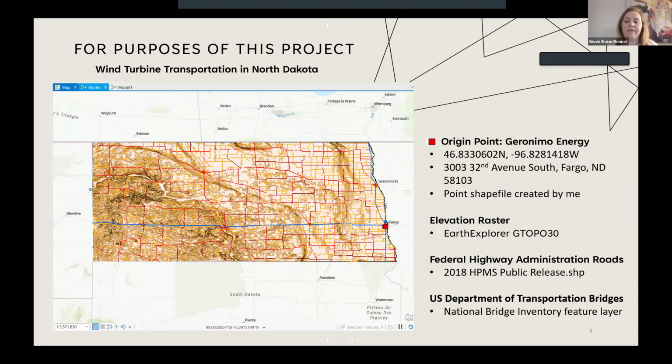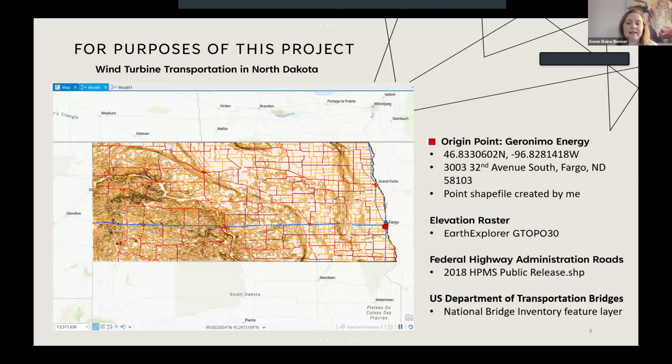And I found that Geronimo Energy actually produces the wind turbines, or at least parts of them. So I went ahead and created an origin point just within ArcGIS Pro based on their geo coordinates, and I used that as my start point for my test scenario. And the reason I created this test scenario is because to get the development working, I needed something to input to test in my step-by-step approach.